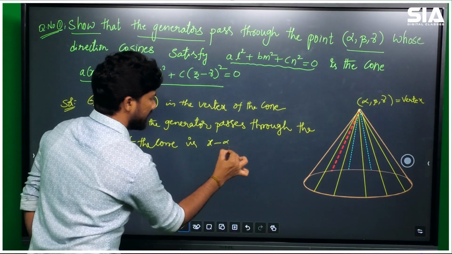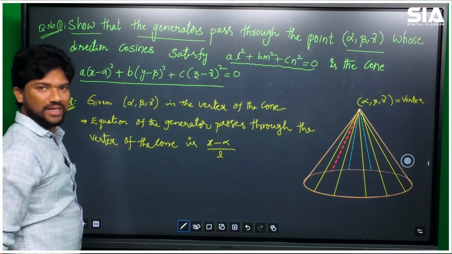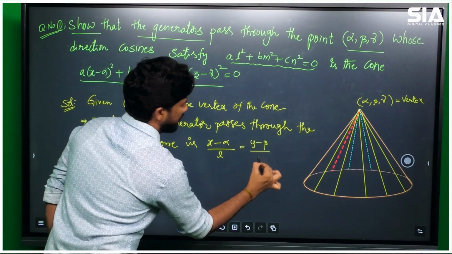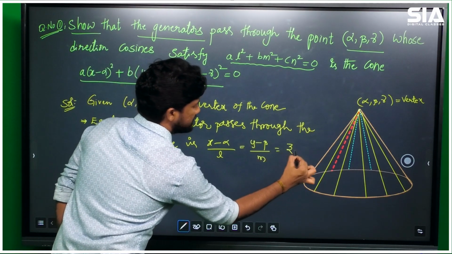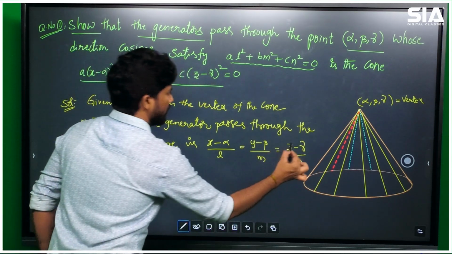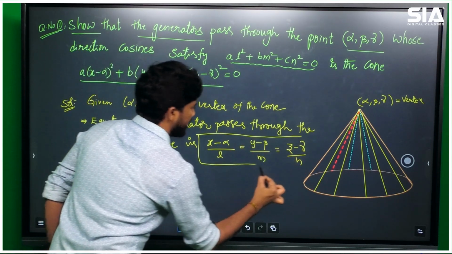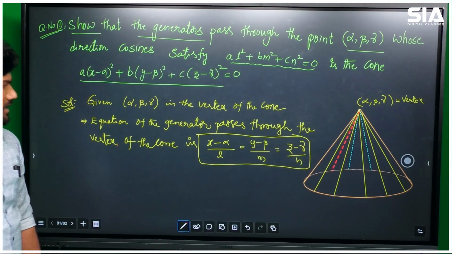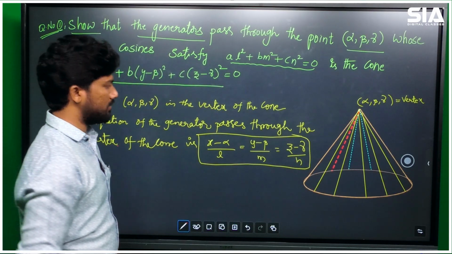What is that equation? x minus alpha by l is equal to y minus beta by m is equal to z minus gamma by n. Remember carefully: x minus alpha by l equal to y minus beta by m is equal to z minus gamma by n.